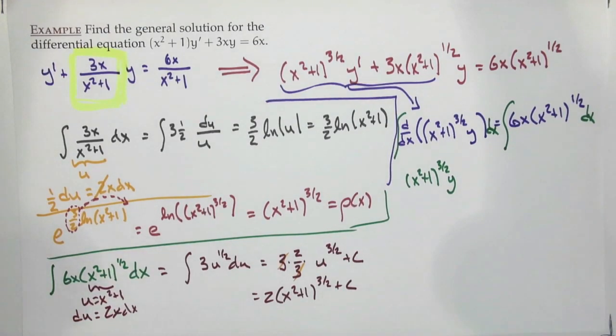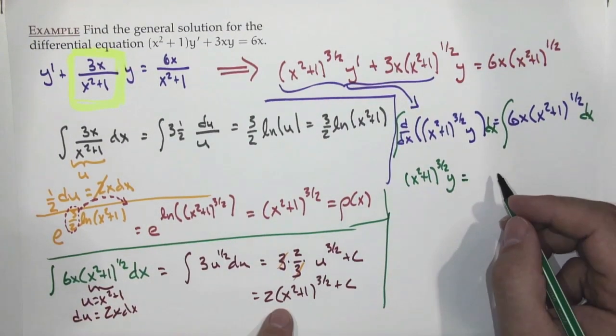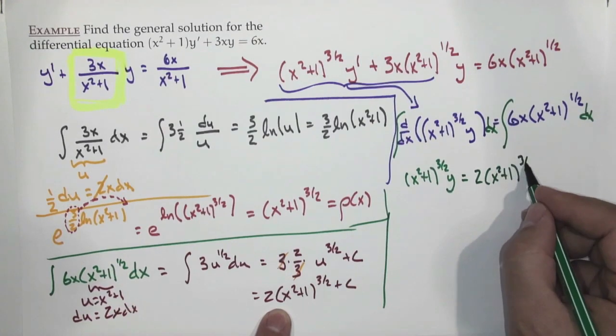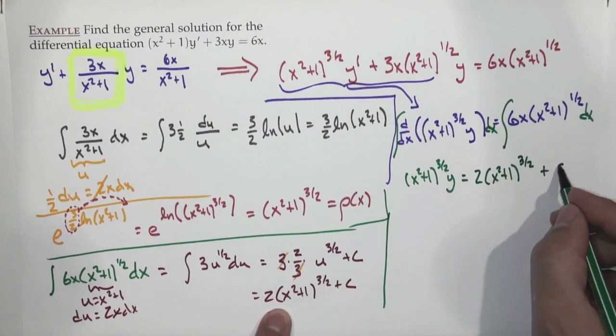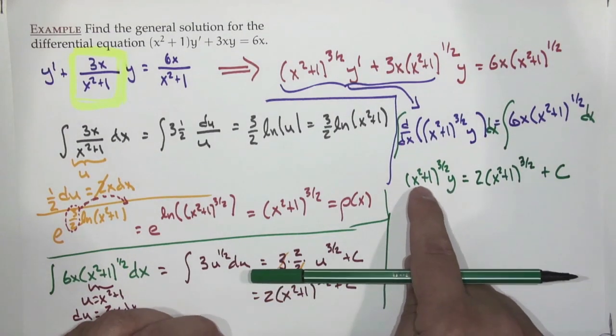All right, so updating over here, the integral of the right-hand side, well, we could just copy it. 2 times x squared plus 1 to the 3 halves plus c. And now, if we want to solve for y, divide by the part in front.